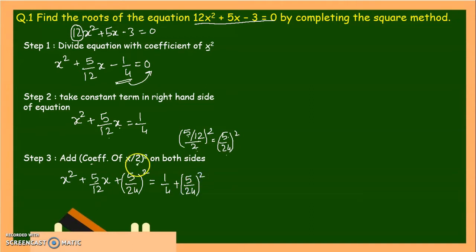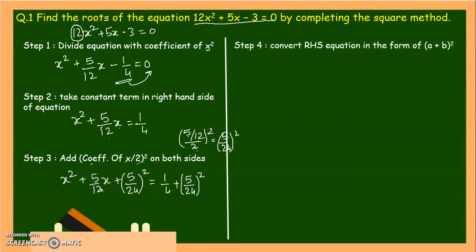Now we simplify this. See step number 4: convert the left hand side of the equation into the form (a + b)². We know the formula for (a + b)² is a² + 2ab + b².